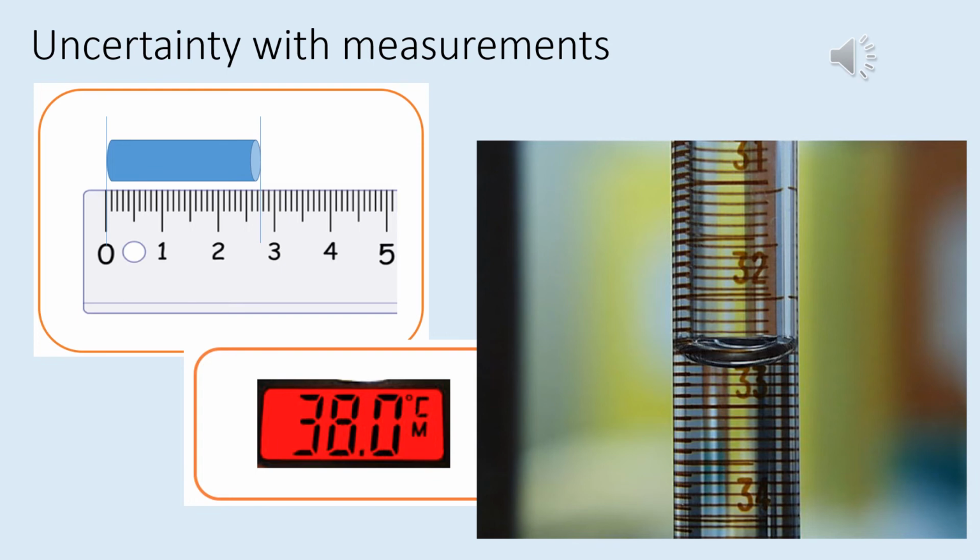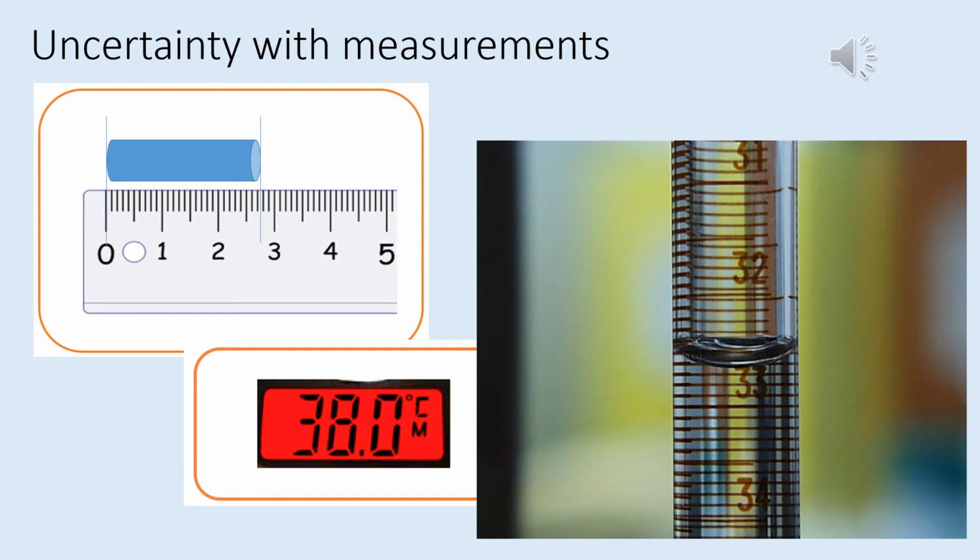So overall, with a ruler, we say that our uncertainty, when we measure something, for example, here we might say we have 27 millimeters, and we would say that the measurement is 27 plus or minus 1 millimeter. It could be as far down as 26, it could be as far up as 28. So it's 27 plus or minus 1 millimeter.